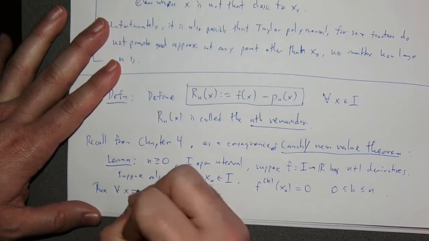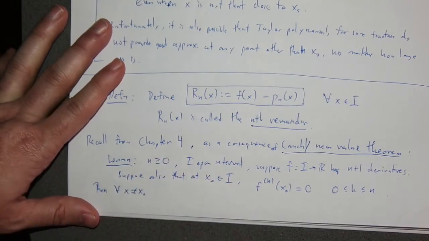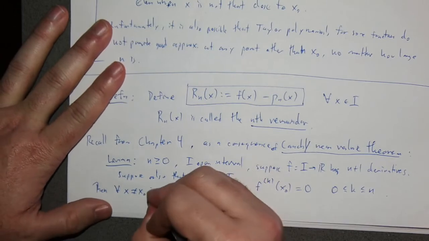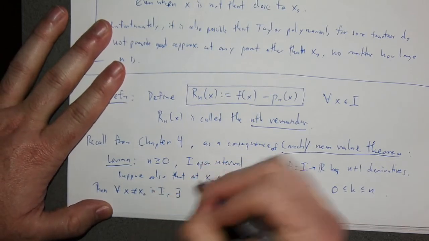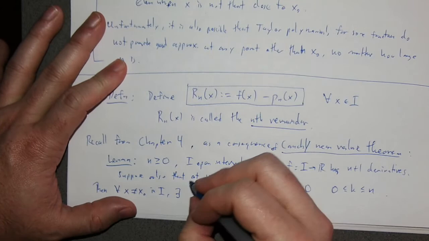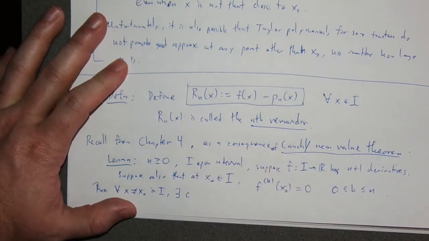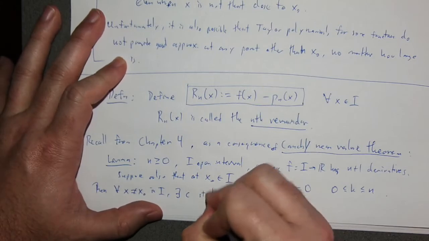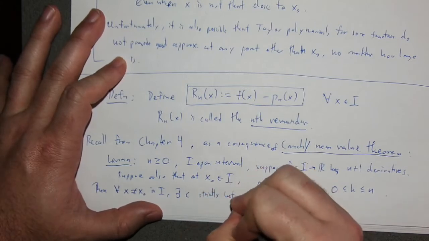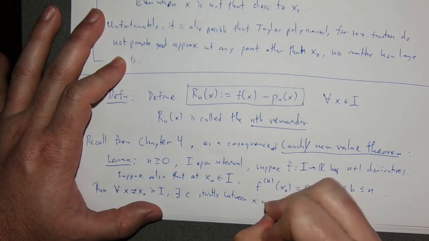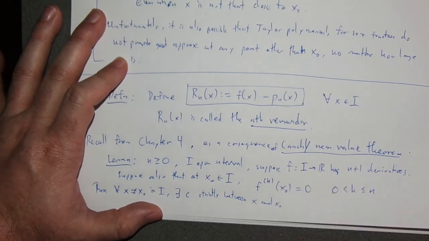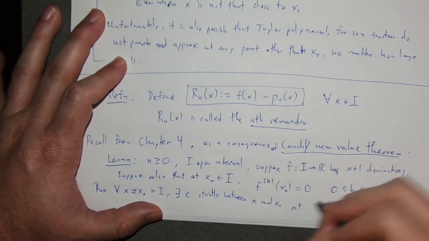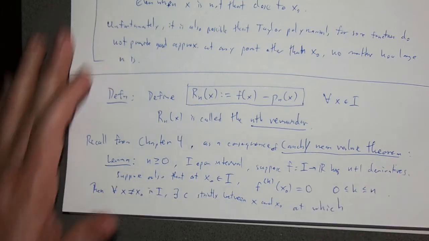for every x that is not equal to x naught in I, there exists a point C strictly between x and x naught. Let's continue on to another page so I don't jam it in there.